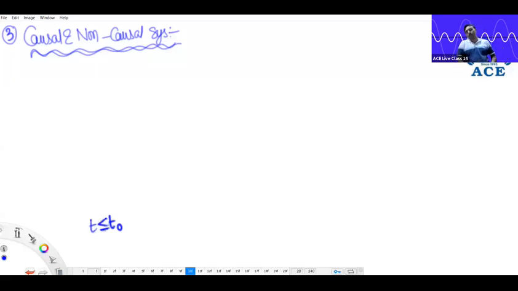Suppose you are checking output behavior at 5: input may be taken at 5 or less than 5. It should not ask for the next instant like 6 or 7. If present output depends on future input, it is a non-causal system that we cannot design practically.